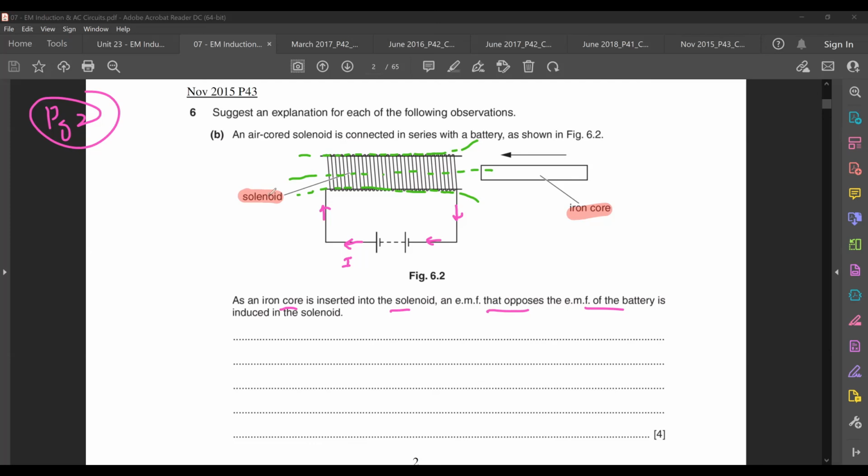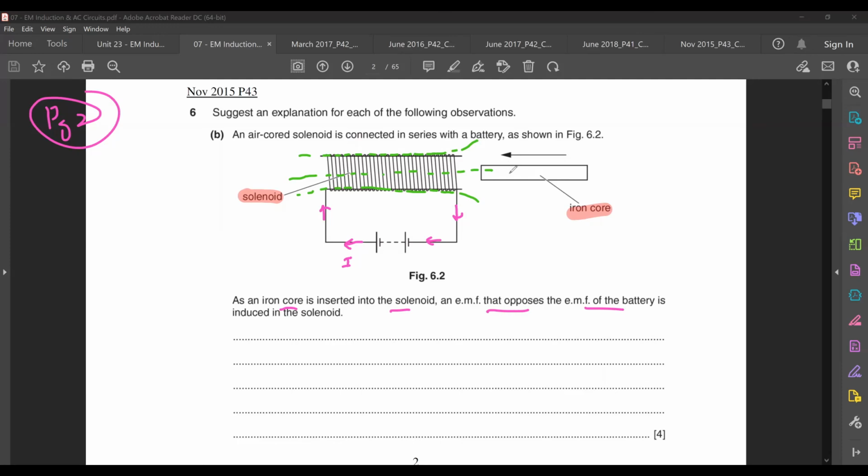Is it in the solenoid or iron core? It's induced in the solenoid. Okay, it's induced in the solenoid. All right. The EMF and current are induced inside the solenoid. That's correct. But why?